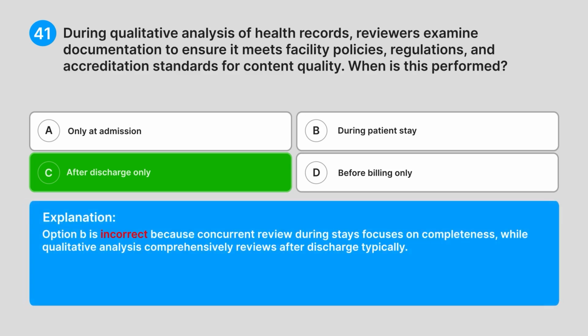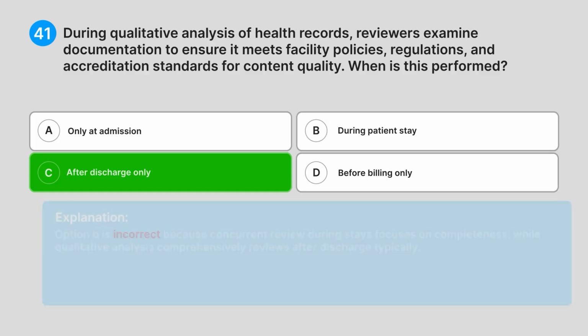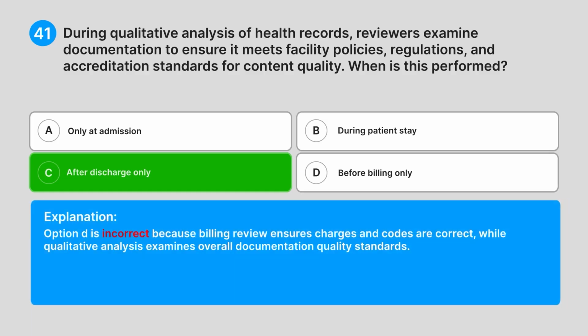Option B is incorrect because concurrent review during stays focuses on completeness, while qualitative analysis comprehensively reviews after discharge typically. Option D is incorrect because billing review ensures charges and codes are correct, while qualitative analysis examines overall documentation quality standards.